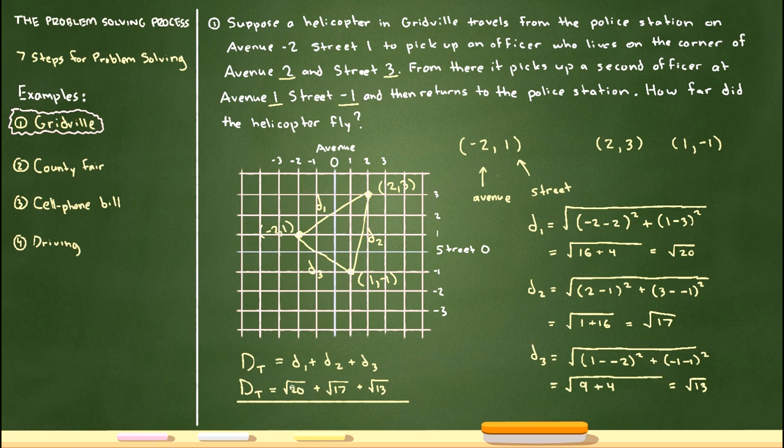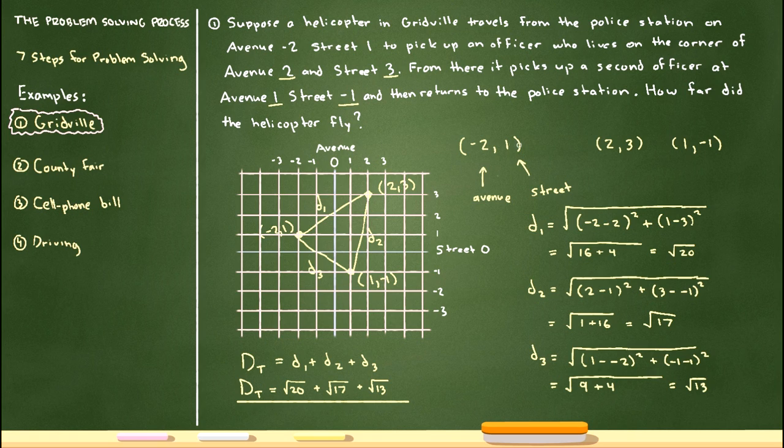Does the answer we get make sense? Does it look like the helicopter flew 1,000,000 miles or something? No, this looks like a reasonable number. This number is approximately 4.5. This is approximately 4. And this is approximately 3.5. So when you add those together, it seems like a reasonable estimate for a helicopter to fly in this triangle here.